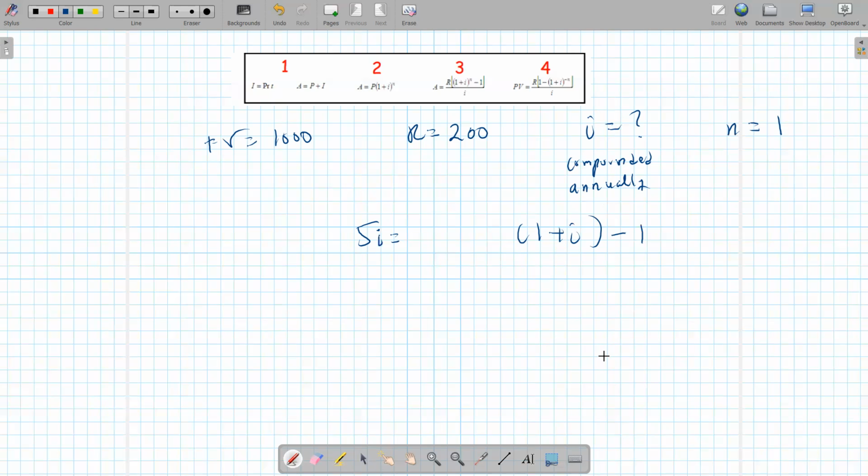You add 1. Okay, 5I plus 1 equals 1 plus I, and then? Do you have to bring the I's on one side? Yeah.